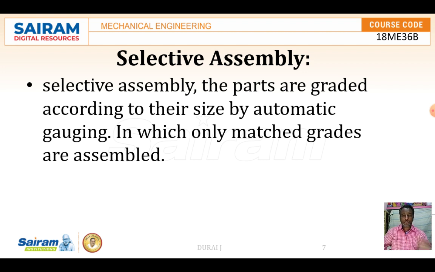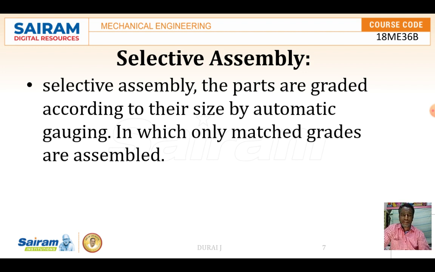Like that, according to the sizes and shape, the components are assembled together, and that is called selective assembly. A 24.98 mm hole, a 24.99 shaft, a 24.99 mm hole, a 25 hole and a 25 shaft, like this they are assembled, and that is called selective assembly.